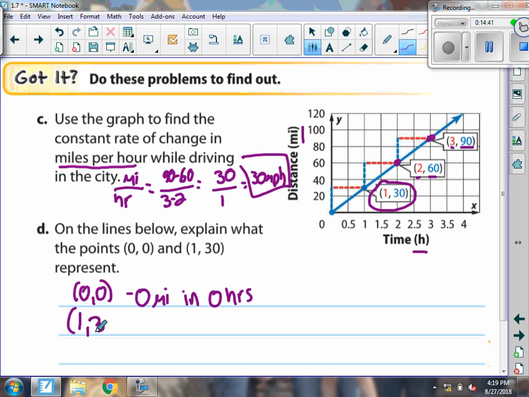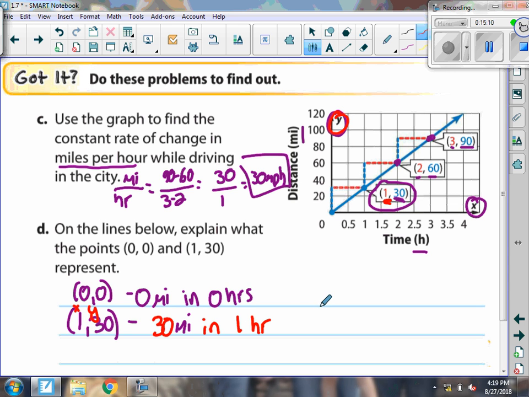So then (1, 30) represents, remember, get your numbers with the correct axis. So if I were to put miles first, then which one goes with miles? X and Y. So my y is miles, so it'll be 30 miles in how many hours? X goes with hours, and my x is 1.